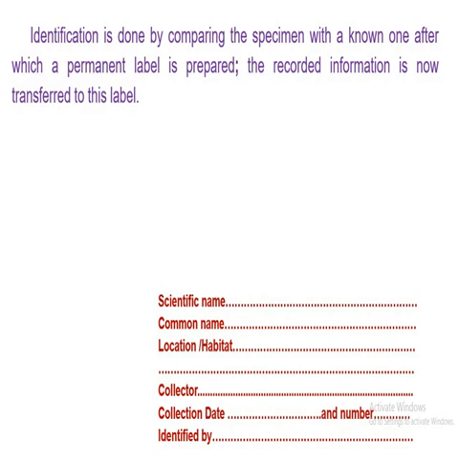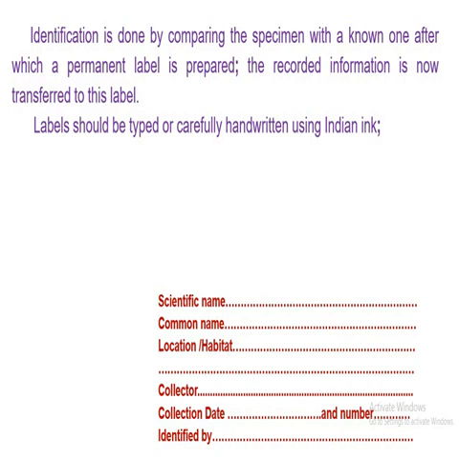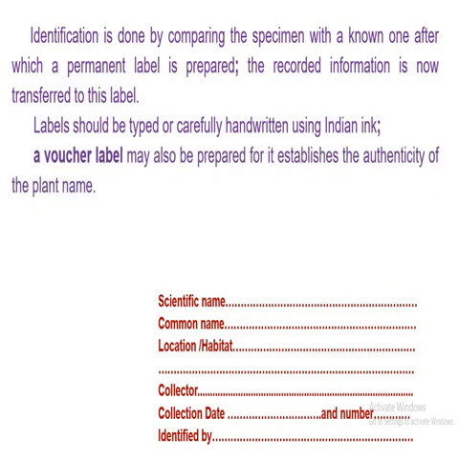After that, now you prepare your permanent label, and the recorded information is now transferred to this particular label. Now this label can either be handwritten using Indian ink, or you can type it. You can now prepare even a voucher label, to establish the authenticity of this particular plant name.